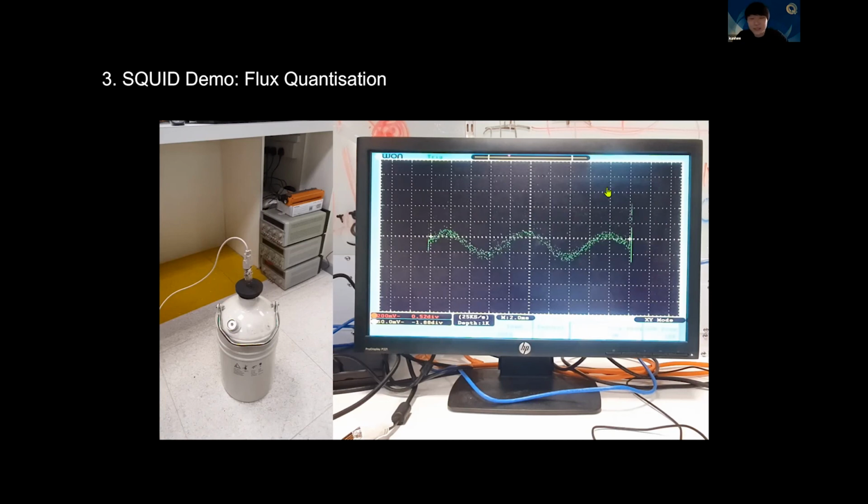So that's a really small magnetic flux. And so this SQUID can act as a very sensitive magnetic sensor. Mind you, it's a pretty strong magnet, but it's far away from the SQUID, and it's shielded by this thick dewar. So it is very sensitive.